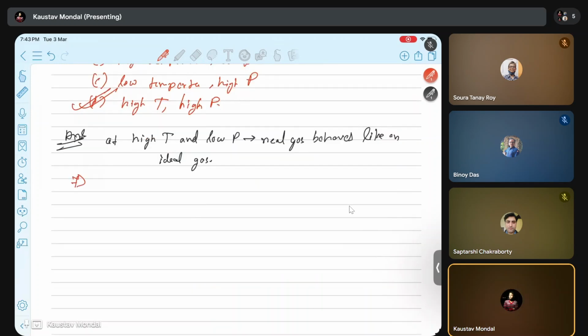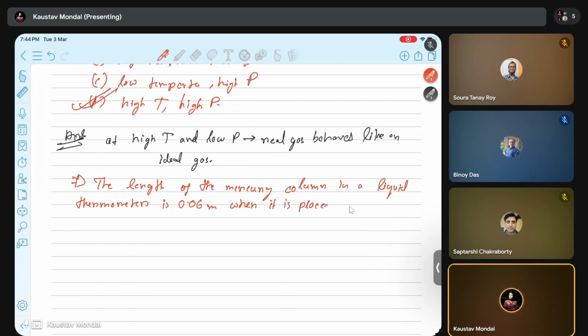Now question 7 is: the length of the mercury column in a liquid thermometer is 0.06 meter when it is placed in water at temperature 0 degree centigrade.